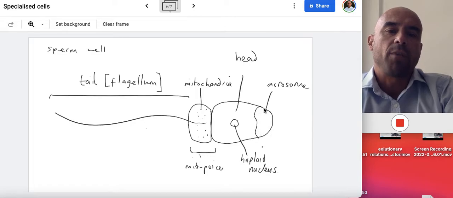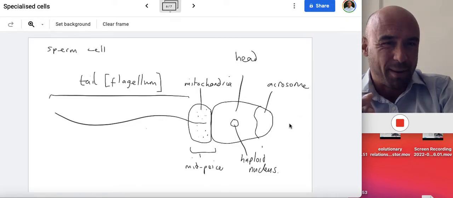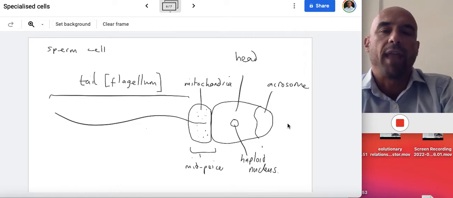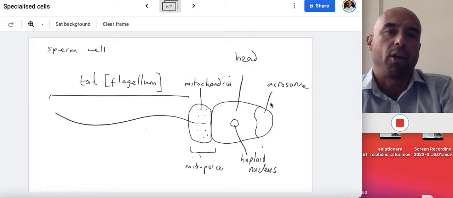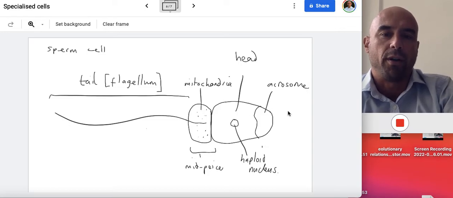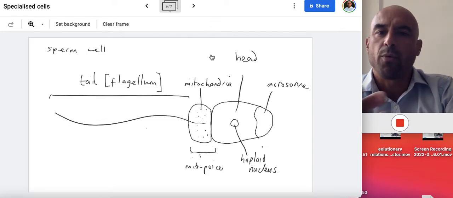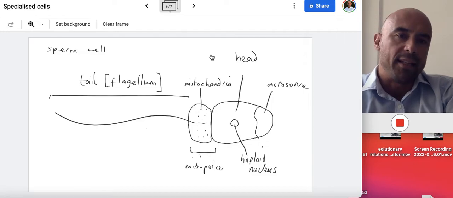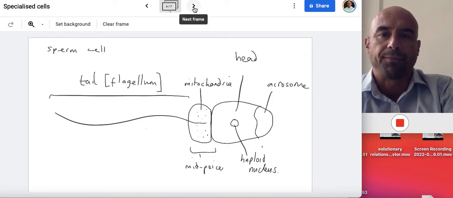An acrosome is a special type of lysosome which contains digestive enzymes, and it's there to digest a small part of the cell membrane on the egg cell. So the head of the sperm can go inside the egg cell to deliver the haploid nucleus. We do a lot more on fertilization later in the course. It's a big module.